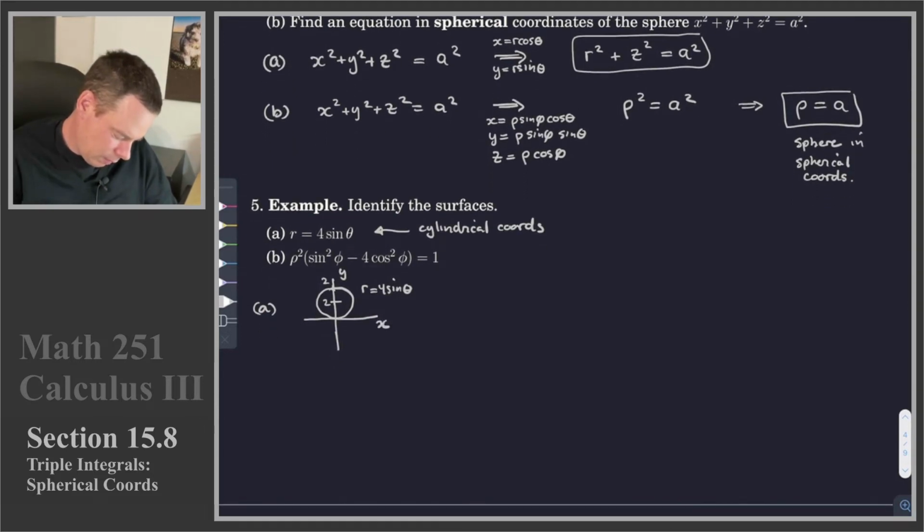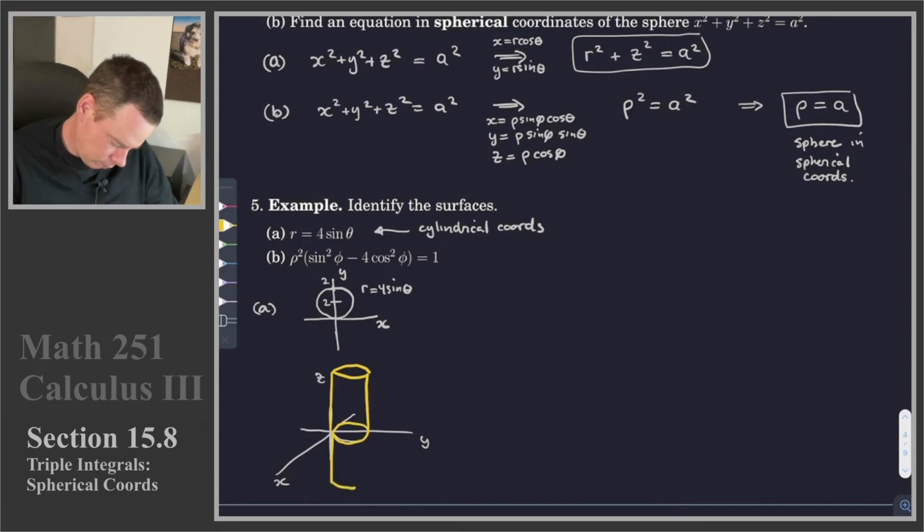So that means when I sketch it in three-dimensional space, and we'll just label these axes as the rectangular coordinate axes, then it's a cylinder. Maybe I'll change the color of it here. So it's a cylinder that's opening up, something like this.